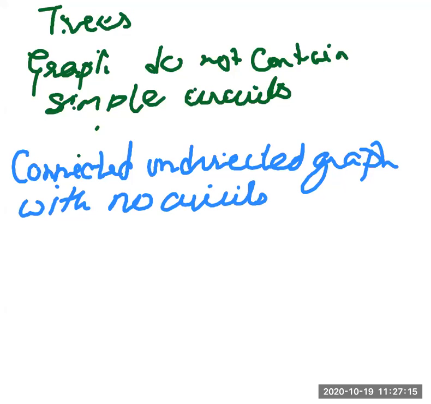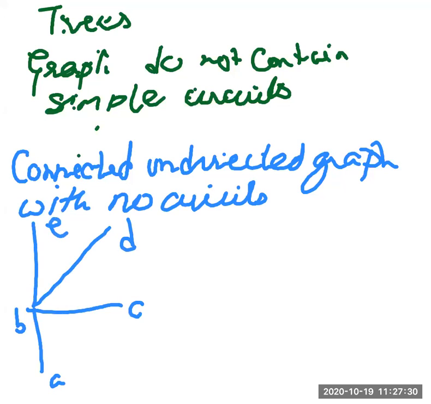Now, for example, I'll draw a few trees here. So we can have, let's say, A, B, C, D, and E. So this is one. Then it should not have a circuit. That's the only requirement.